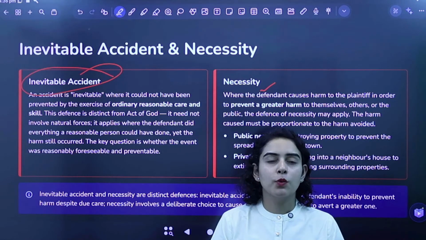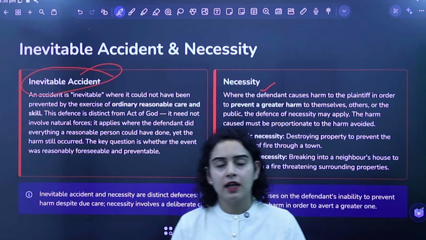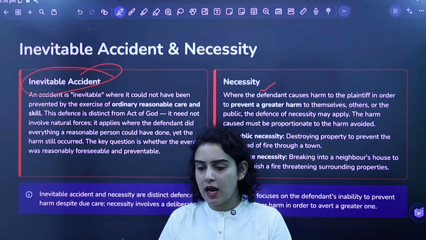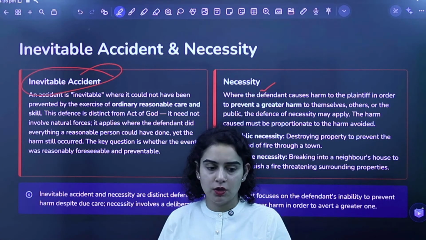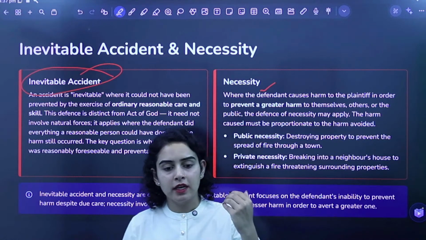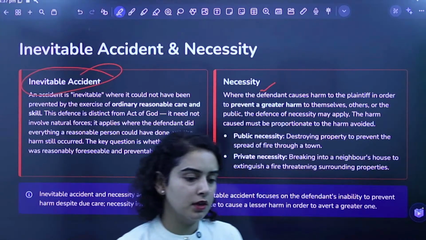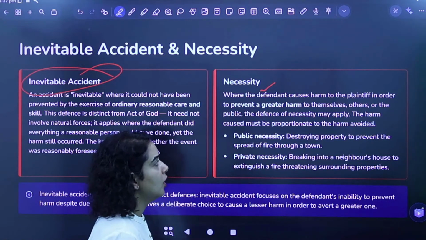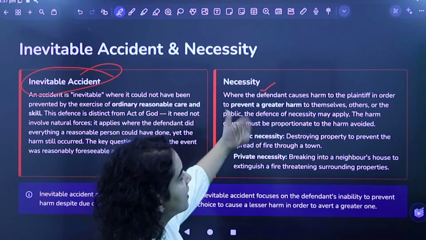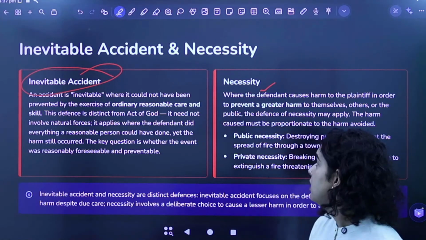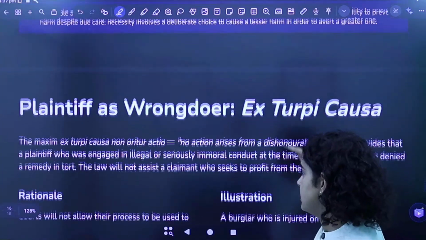To avoid an accident, you bump into an empty car right next to you, so that you can avoid a head-on collision with the other car that is coming in front of you. So now, just to prevent a greater harm, you have caused a smaller harm. That is the defense of necessity.